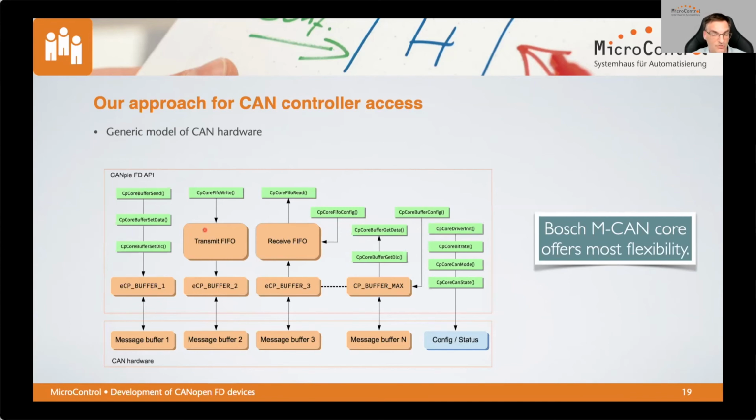If you would like to have all these features, it makes sense to select CAN controllers which use the Bosch MCAN core, because this original CAN FD implementation offers, from our point of view, the most flexibility.